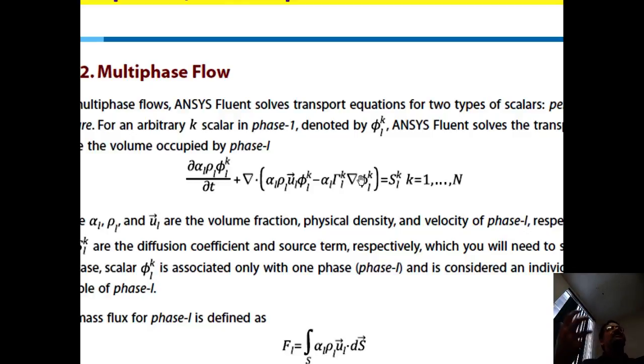So the Laplacian on any field quantity, the field quantity phi can be velocity itself or temperature or species concentration, etc. And what they call gamma here is your diffusion coefficient or dispersion coefficient, and u here is the velocity field, and alpha is the volume fraction of each phase. Okay, and rho L is the density of that particular fluid in that phase. So you have a template like this for each phase. You can have 3 phases, 4 phases, as many phases as you want.